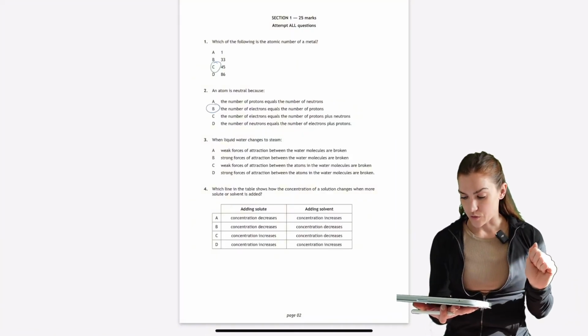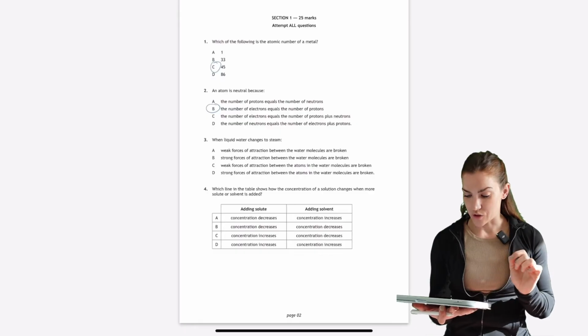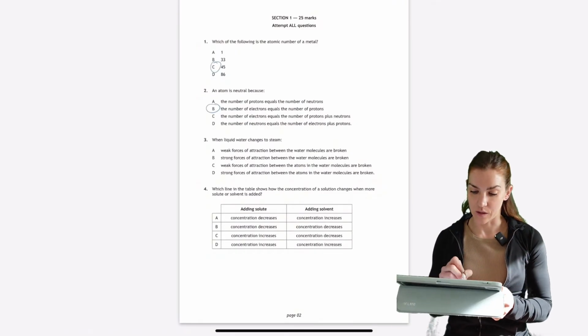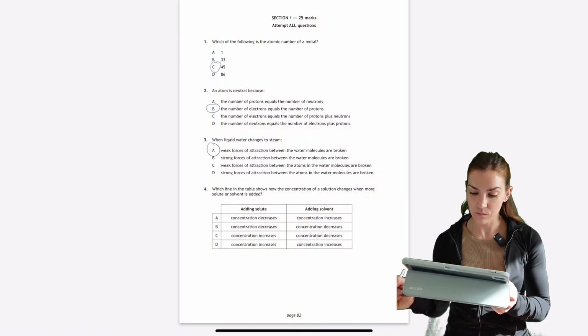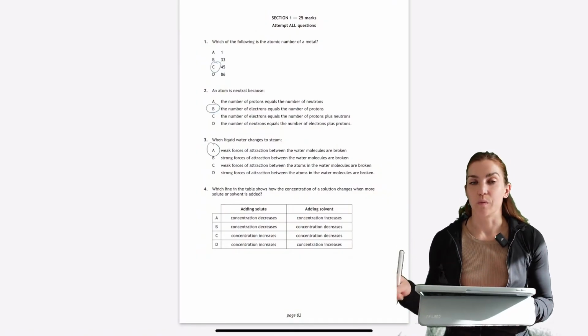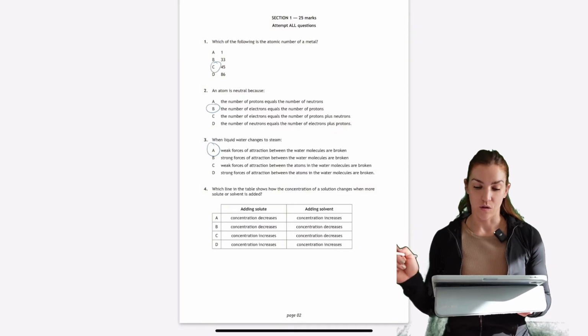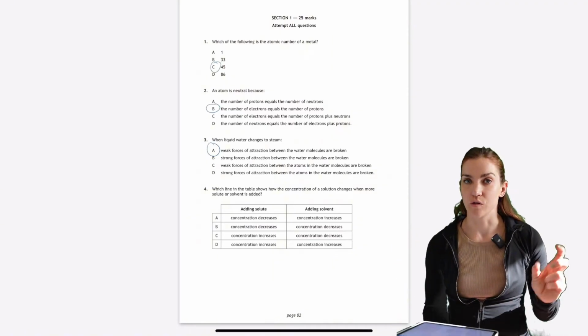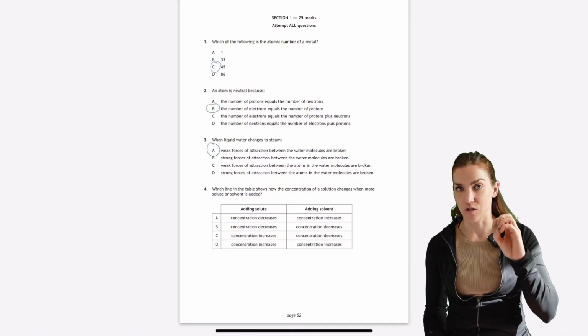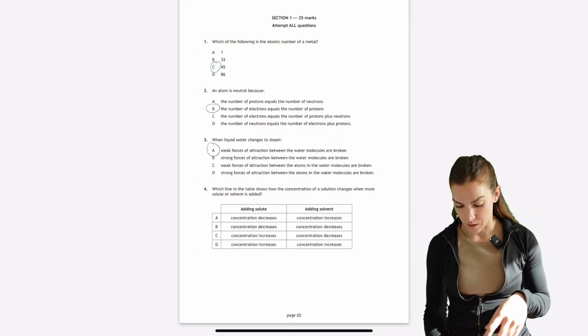So what we're looking for is that weak forces of attraction between the molecules are broken. So it would be A. Because when we're melting or boiling covalent molecular substances, we don't break any attractions or bonds between the atoms, it's just attractions between the molecules.